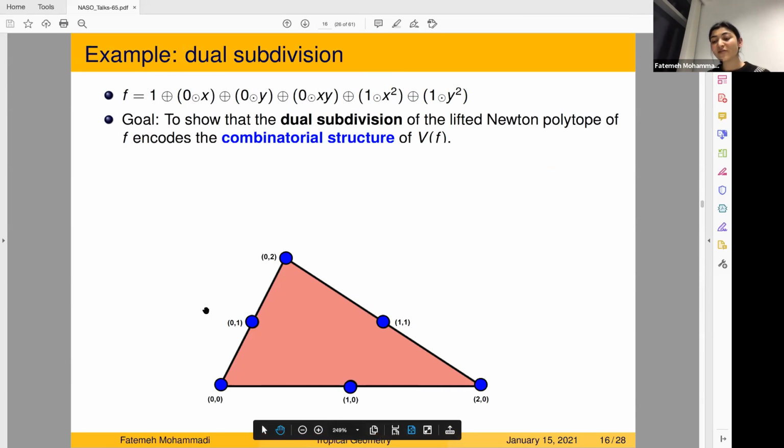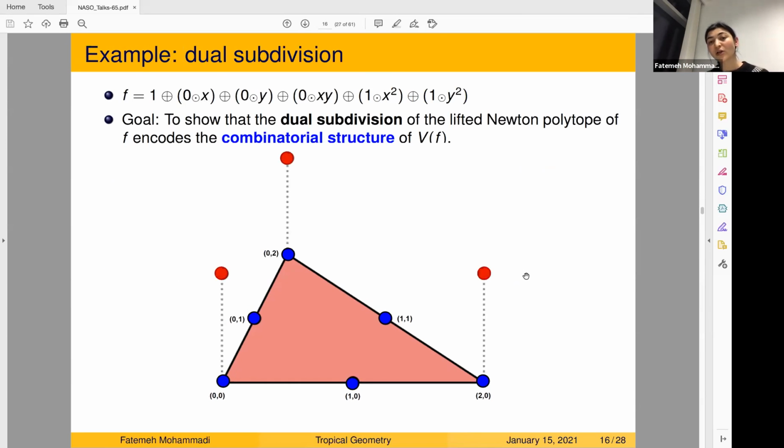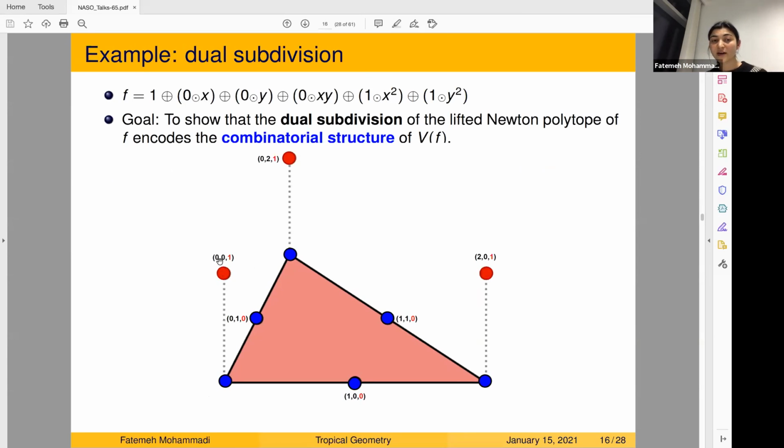So I'm going to lift this point up based on the coefficients that they have. So we go to R^3 instead of R^2. The corresponding vertex of (0,0) now would be (0,0,1). And for the other guy, (0,2,1), (2,0,1). But there are three terms with 0 coefficients, so they would stay the same.